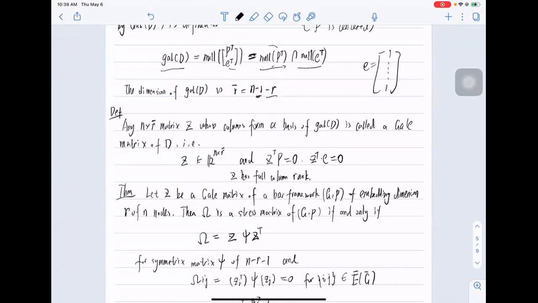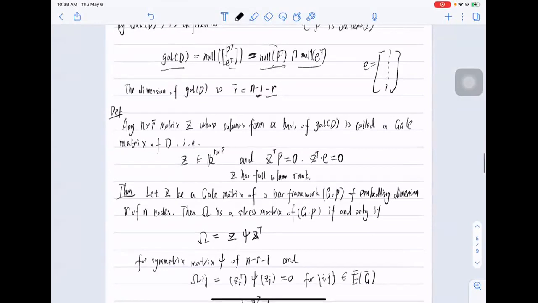So it has full column rank, where R bar is the dimension of the Gale space.